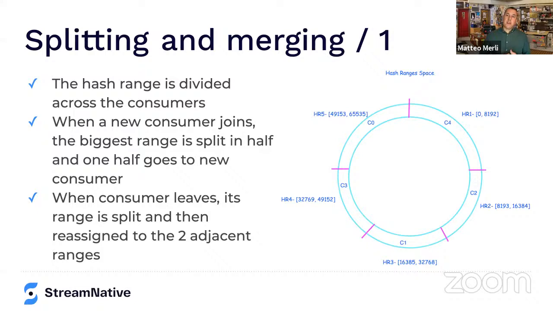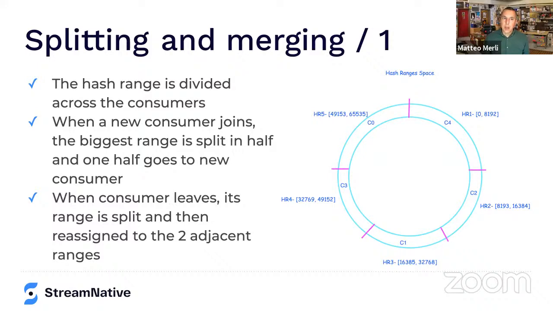If you look at splitting and merging, essentially you represent your hash space as a ring, and you divide that ring into equal segments. In this case, say you have 16 bits, up to 65K, so your hash is an integer, and you assign across C0, C1, C2 an equal set of numbers.